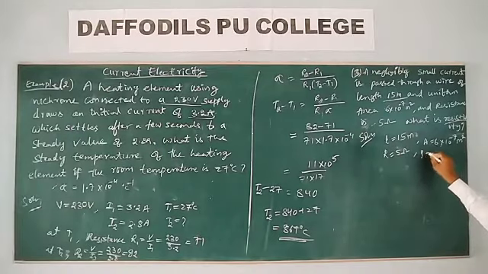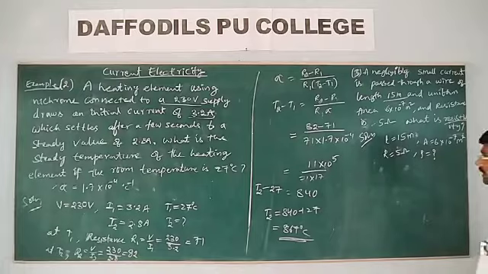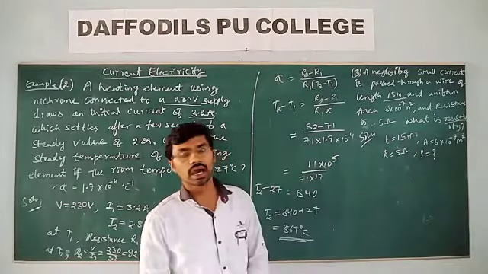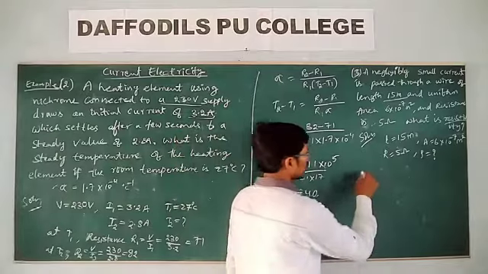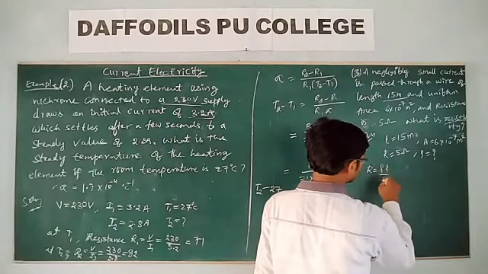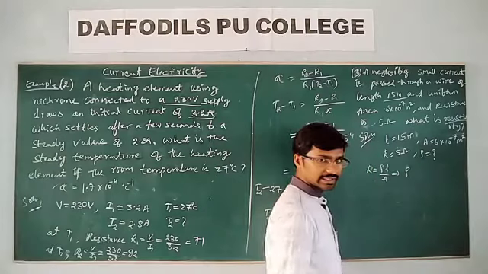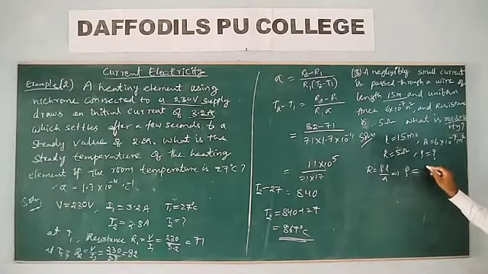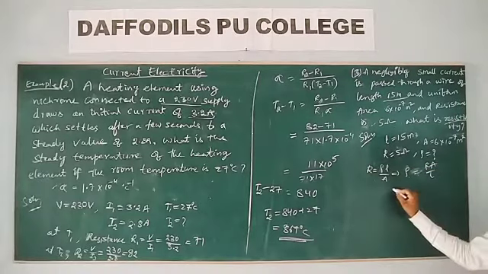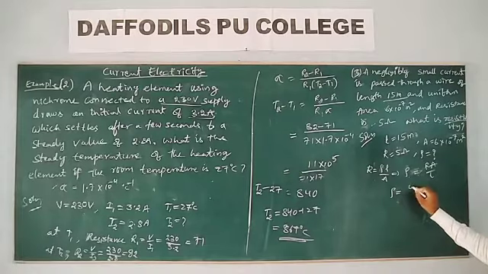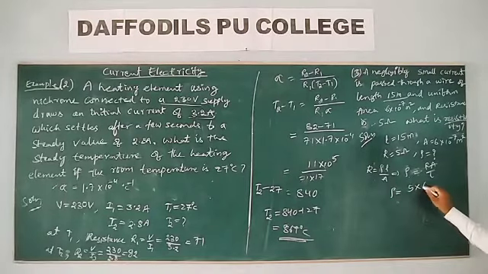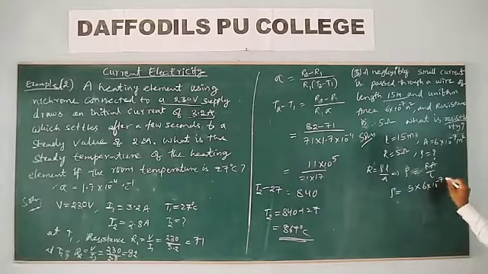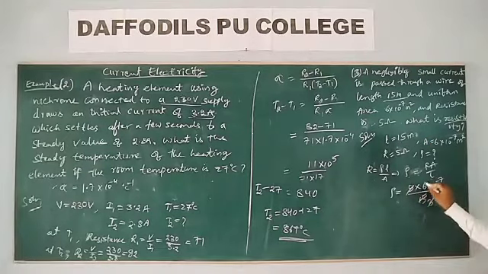What is its resistivity? Now what is the formula for resistivity? R is equal to rho L by A. But we need to calculate resistivity, so rho is equal to R A by L. Then rho is equal to 5 into area, 6 into 10 power minus 7, by L, where L is 15.